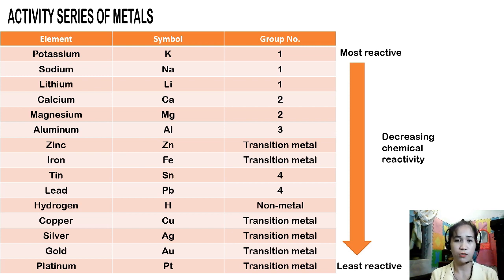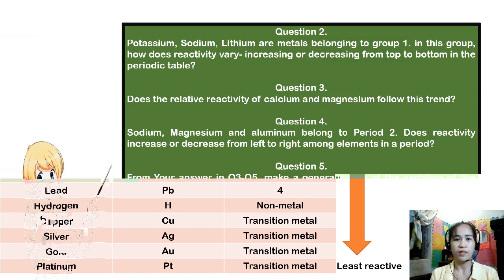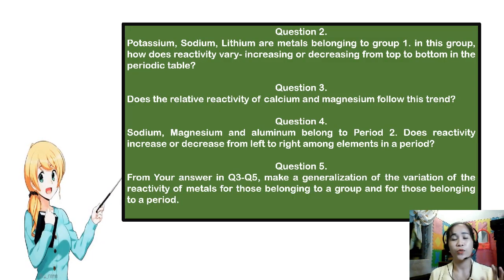From potassium, the most reactive element, to platinum, the least reactive. Okay, so from group number 1 down to transition metals. Now, question number 2.